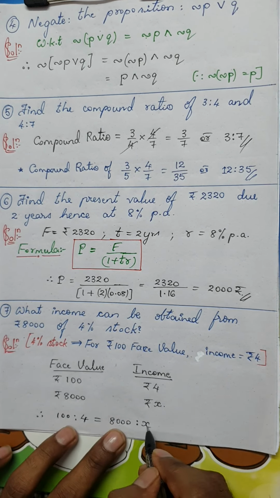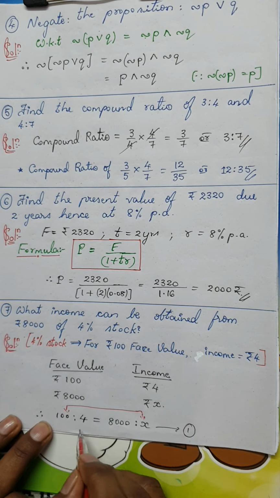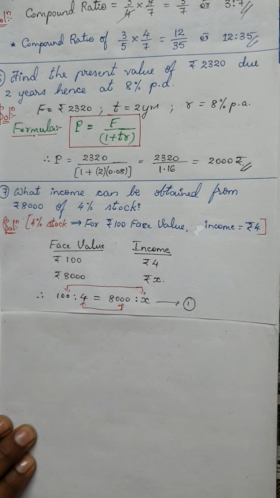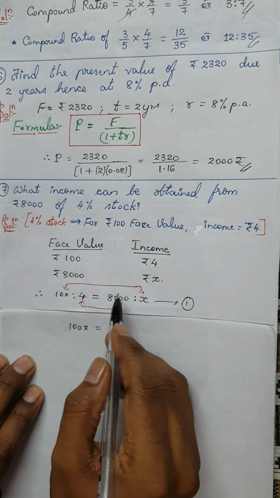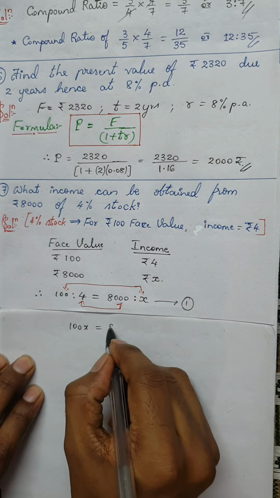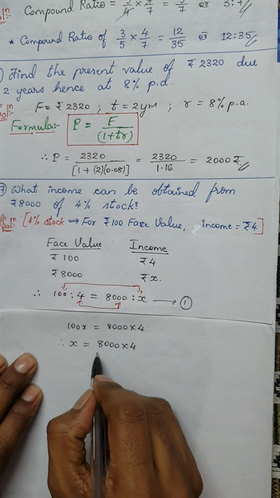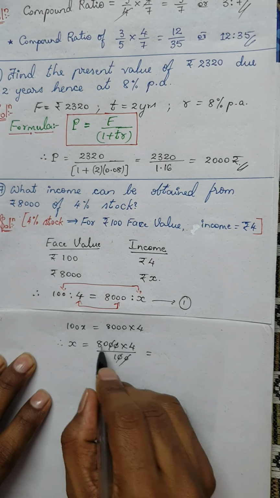This is equation 1. If you take a compound proportion, we know the product of means is equal to the product of extremes, isn't it? Let's use it and find the value of X. So 100 into X gives 100X, that is equal to 8000 into 4. Therefore the value of X would be 8000 into 4 divided by 100. You can cancel 2 zeros, so it is 80 into 4.